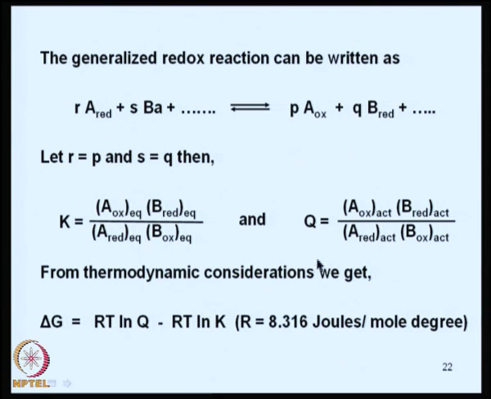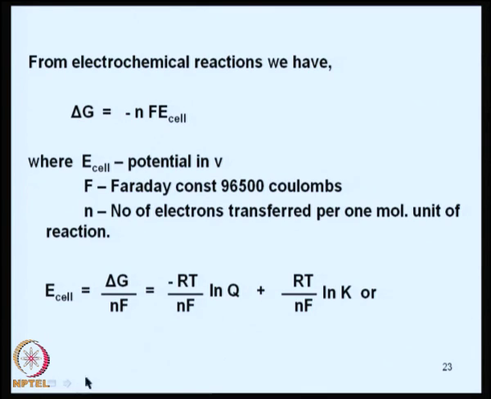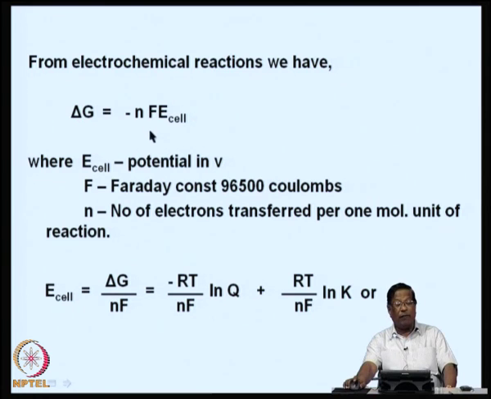Since both these are thermodynamic considerations, we get the free energy delta G corresponding to the difference between RT ln Q minus RT ln K, where R is 8.316 joules per mole per degree. And then we have also shown that the free energy is also equivalent to the number of electrons transferred, the number of Faradays, and the EMF of the cell, that is the potential of the cell in volts.